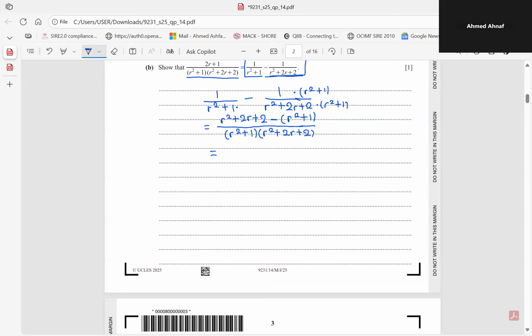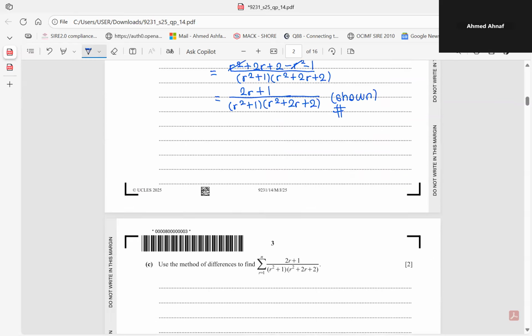Now we can open up the brackets and simplify the numerator. So the r squareds cancel out. So the final answer will be 2r plus 1 over r squared plus 1 times r squared plus 2r plus 2. So we can write shown here.